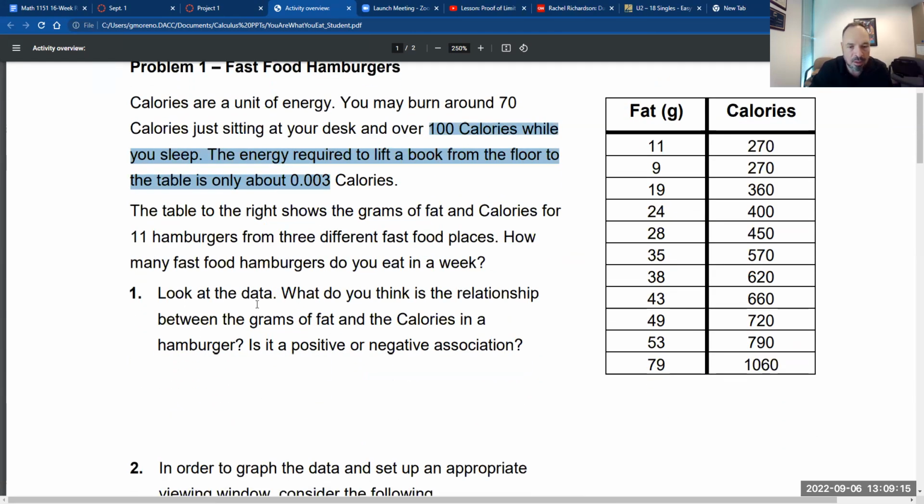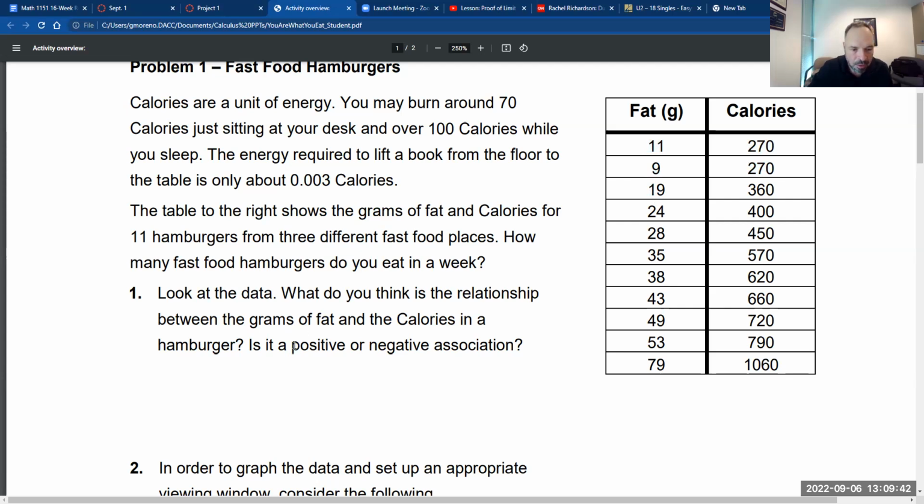It says, look at the data. What do you think is the relationship between the grams of fat and the calories in a hamburger? Is it a positive or negative association? This will become more clear when we actually plot the data. But I think what should be fairly clear is that as you're increasing in the fat grams, the calories are also increasing.